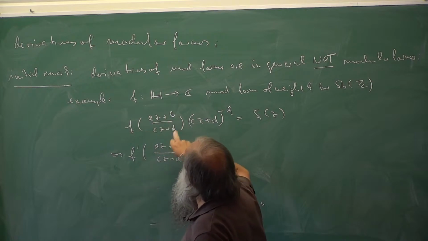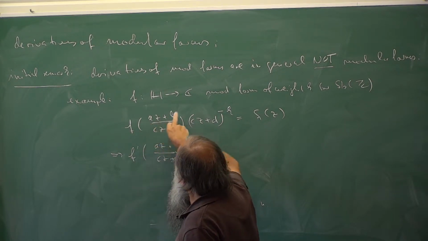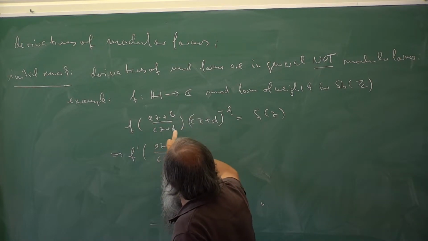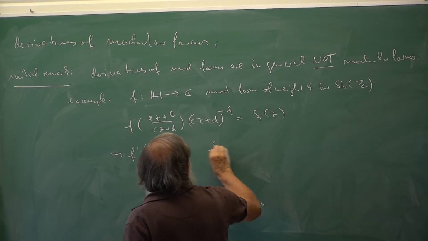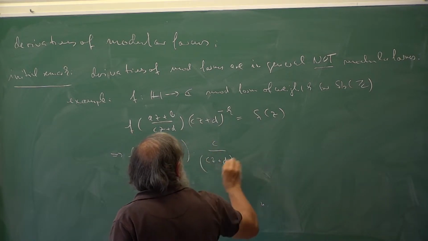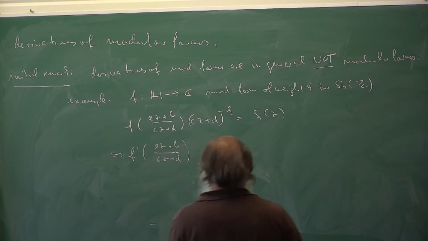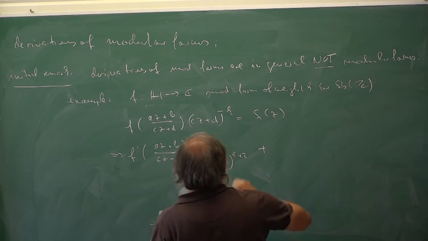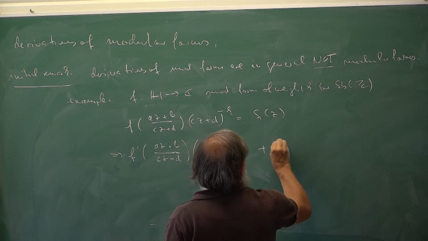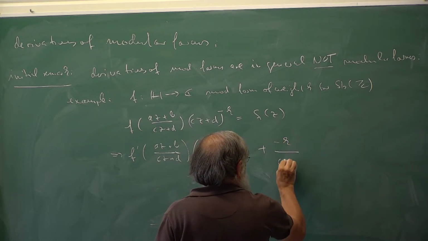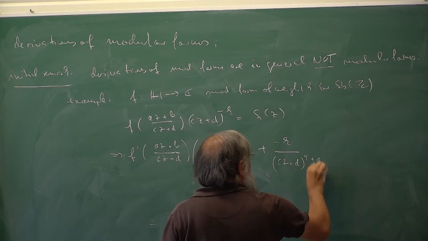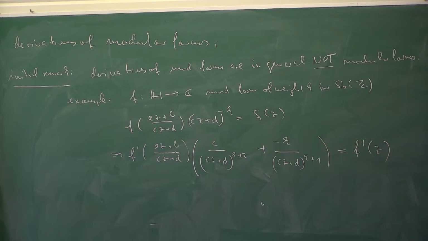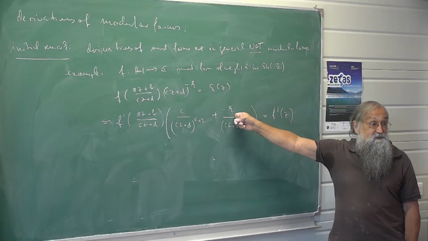Now, the inner derivative of z goes to (az+b)/(cz+d) is c divided by (cz+d) squared. So you get c (cz+d)^(k+2) plus another term, so everything would work only if k is equal to 0.